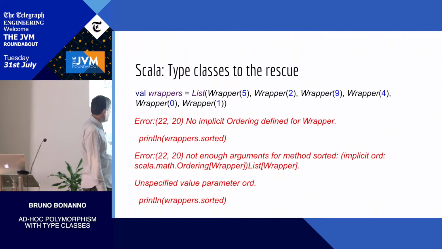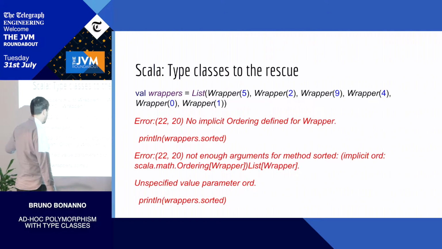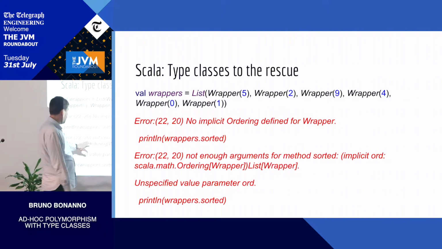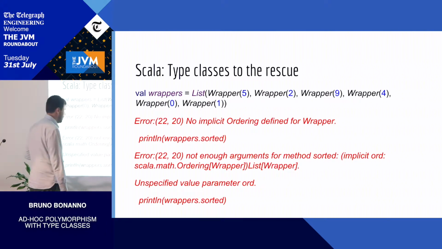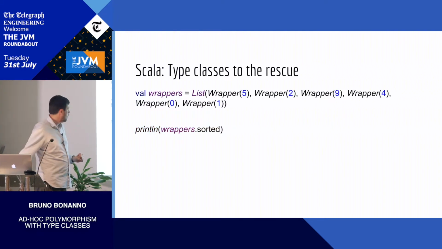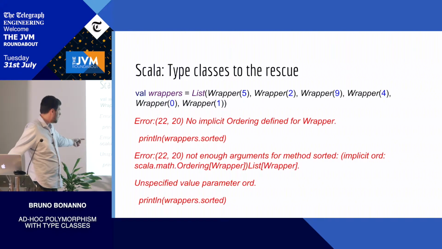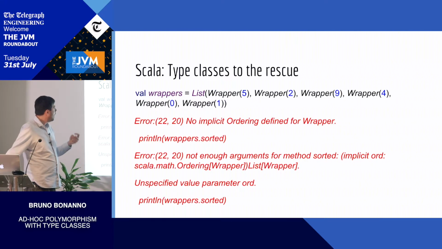So basically, it's telling us, forget about this, ordering is not there for a wrapper. Sorry, we don't have enough arguments to method sort. But what arguments? I'm not passing any arguments to this. So how come the error is saying that we need some arguments?